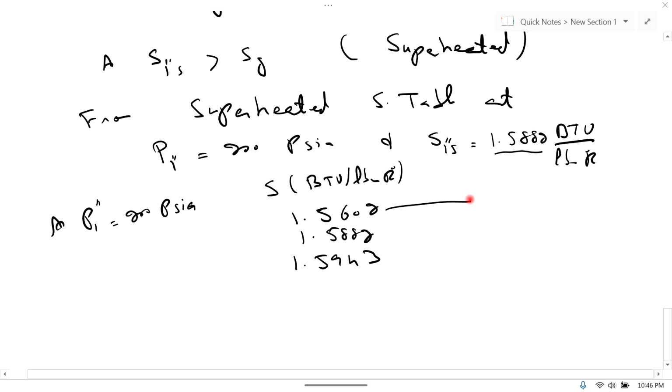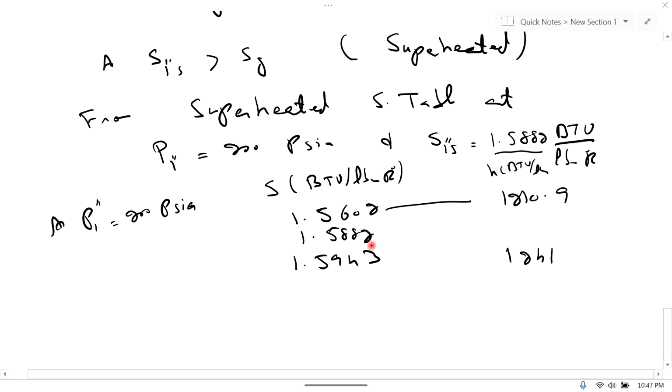At an entropy of 1.5602 the enthalpy is 1210.9, and at an entropy of 1.5943 the enthalpy is 1241, in BTU per pound mass.